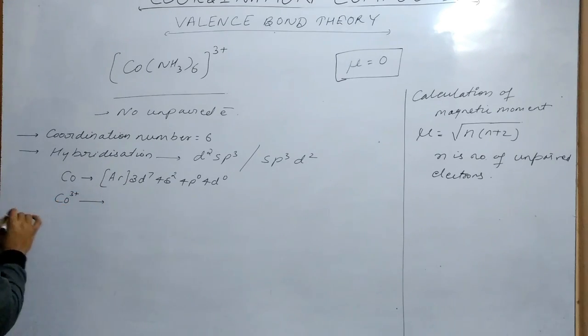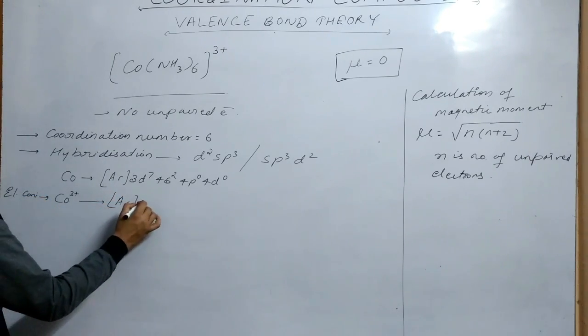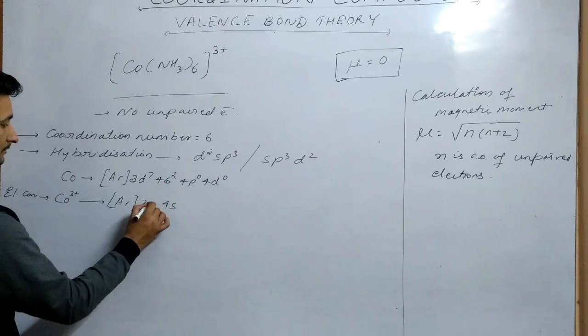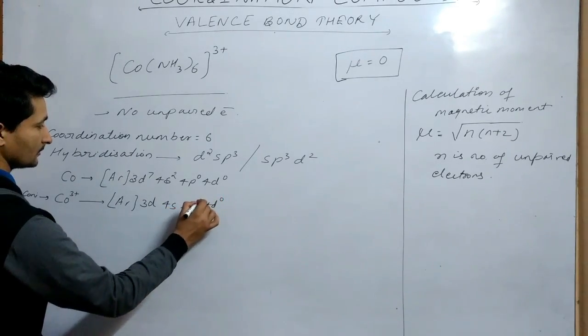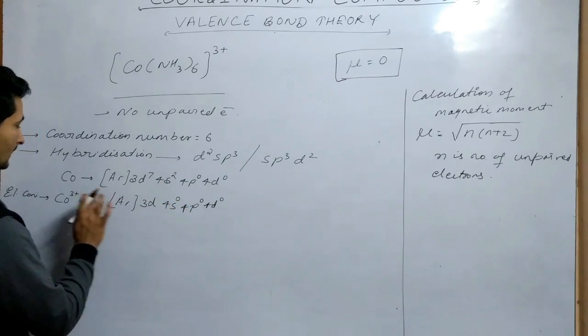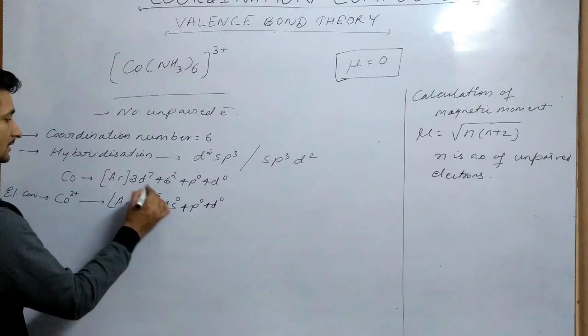For Co3+, the configuration is argon; remove 2 electrons from 4s, which becomes 0, and remove one more electron to make it 3+, so it becomes 3d6.